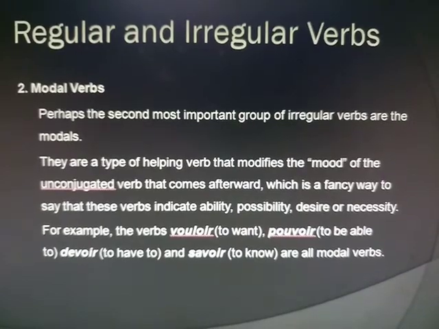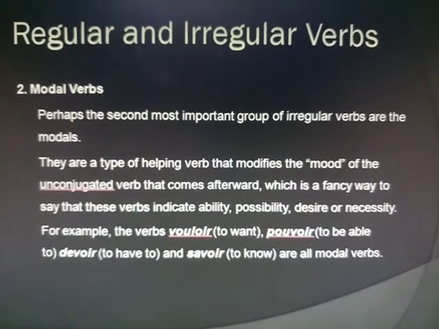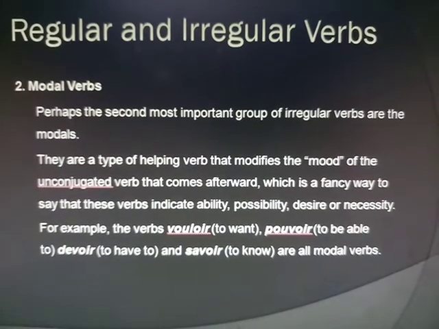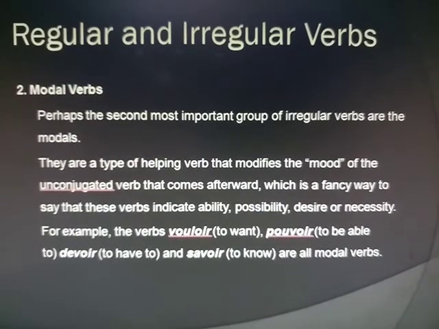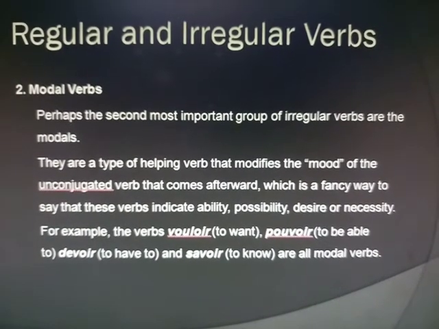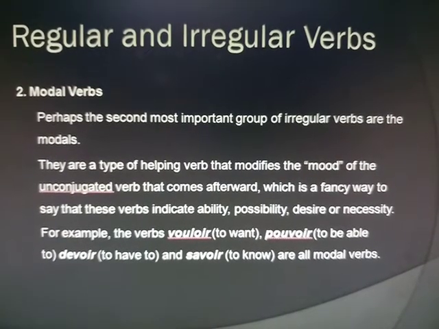Some modal verbs are the verb vouloir, to want, pouvoir, to be able to, devoir, to have to, and savoir, to know. These verbs indicate ability, possibility, desire, or necessity.